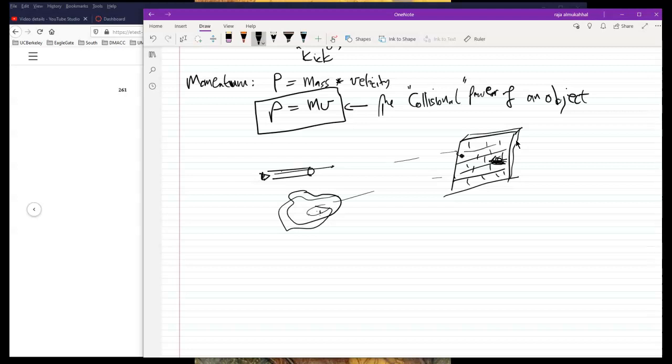The people who think of the bullet will think, well, the bullet is going really fast. The velocity is very large, even though the mass is really small compared to the mass of the boulder. I'm talking here, the speed of the bullet is something like Mach 1 or Mach 2, twice the speed of sound, really fast.